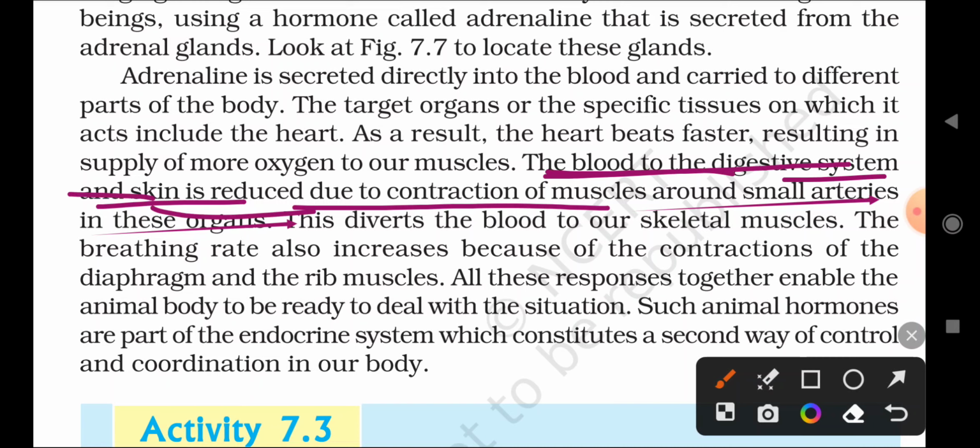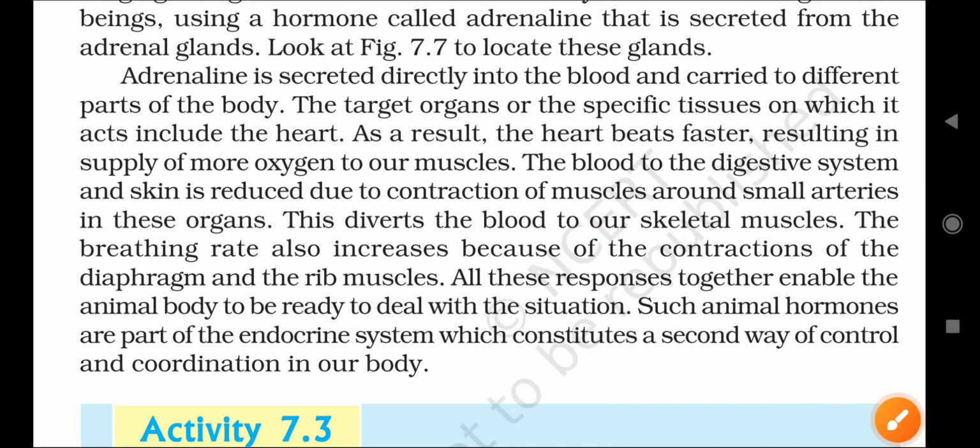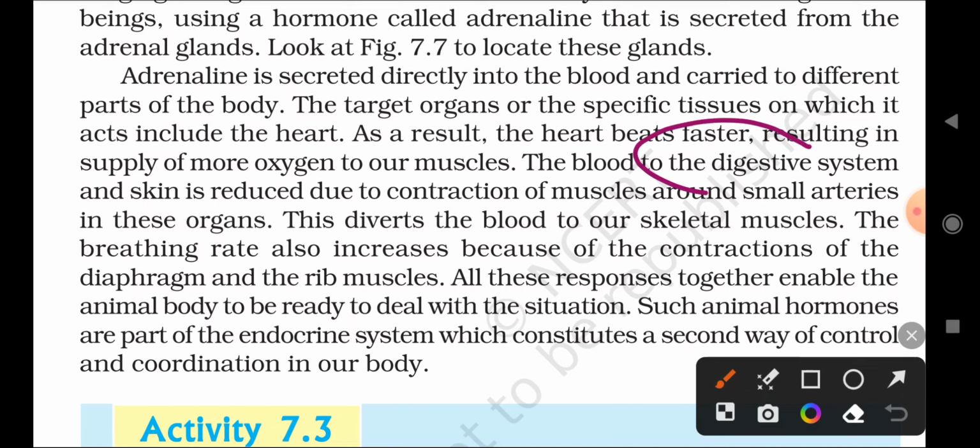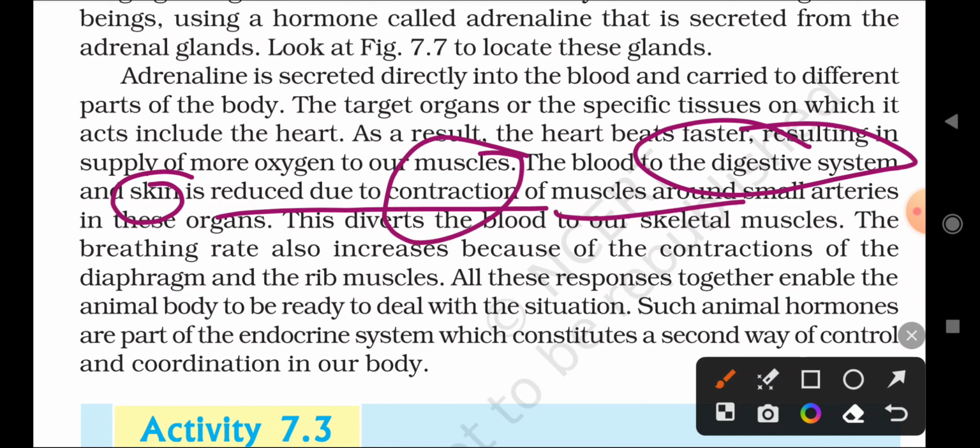The blood is reduced in the digestive system, and also in the skin, due to the contraction of muscles around the arteries. Due to that contraction, the blood is insufficient in the digestive system and skin.